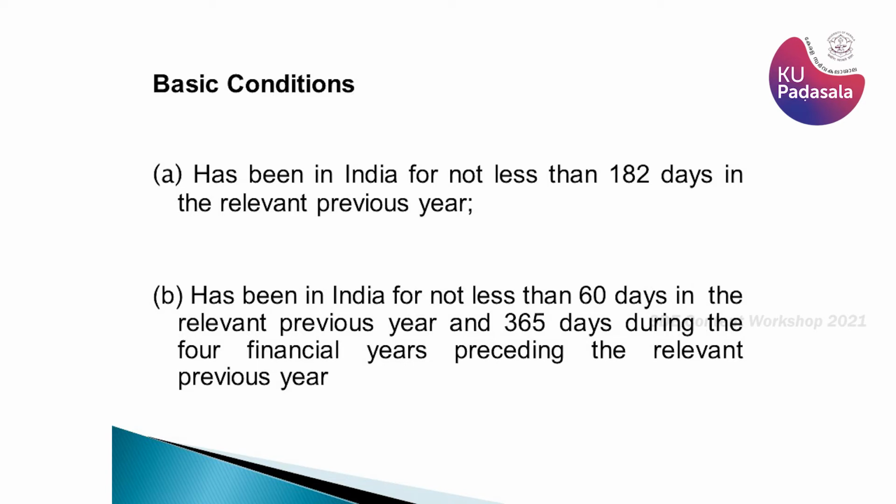So, how can we determine the residential status of individuals and HUF? For that, we have to learn two sets of conditions named basic conditions and additional conditions. These are the two basic conditions and two additional conditions. So, come to basic conditions. First, has been in India for not less than 182 days in the relevant previous year.